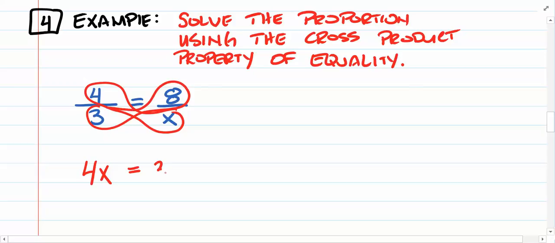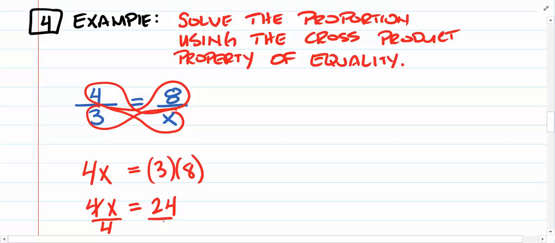I'll use parentheses here. So what we get here is 4x is now equal to 24. And we want to divide both sides by 4. So x is equal to 6.